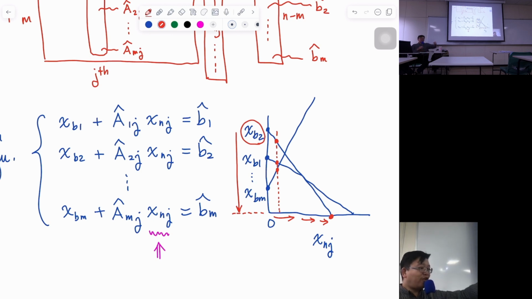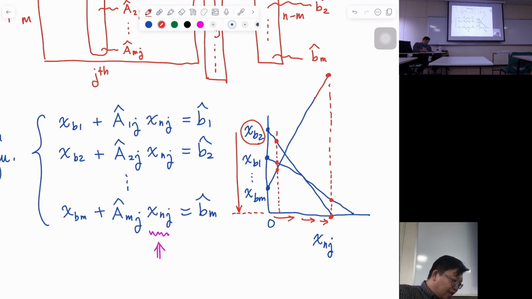But the other variables remain positive. So at this point, x1b remains positive, xb1 remains positive, xbn remains positive. Only xb2 drops to 0.